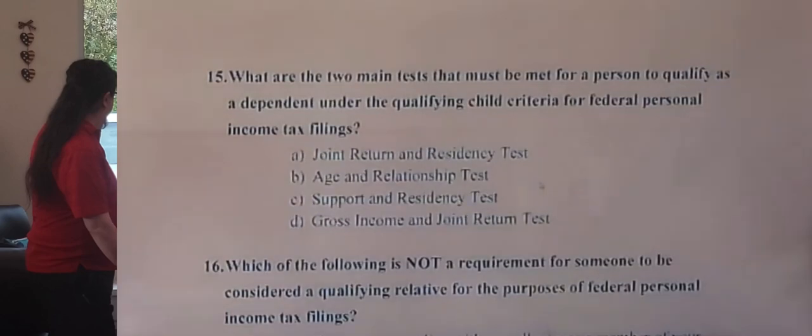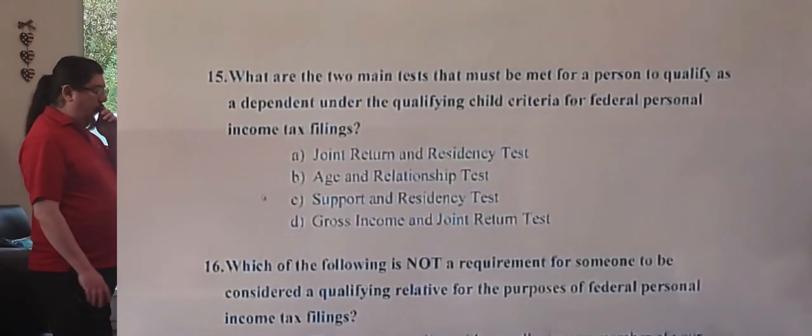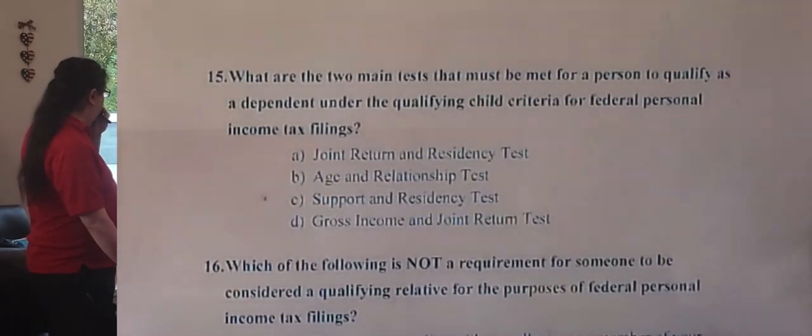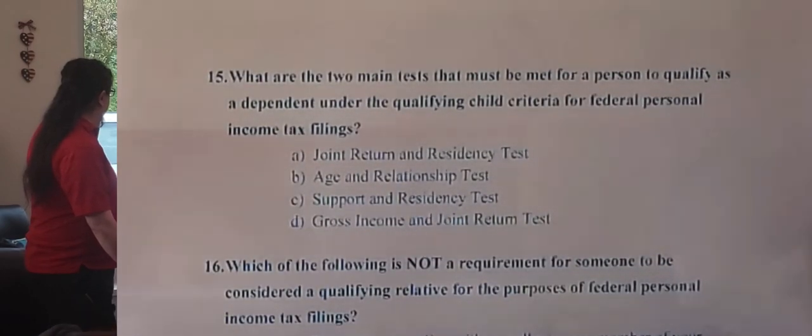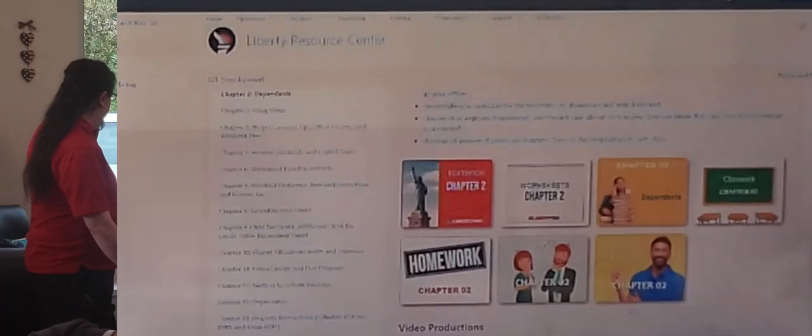I go E, because of age for qualifying child. If they're over 18, that could be the first thing that puts them into qualifying relative. So that's one reason why I picked age.